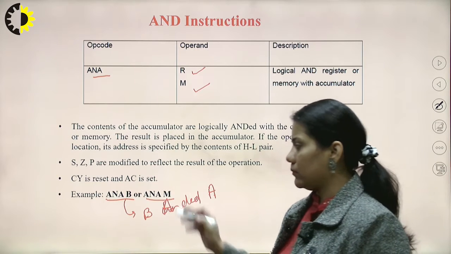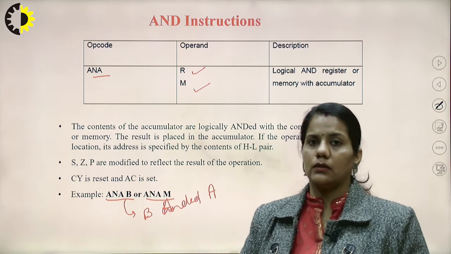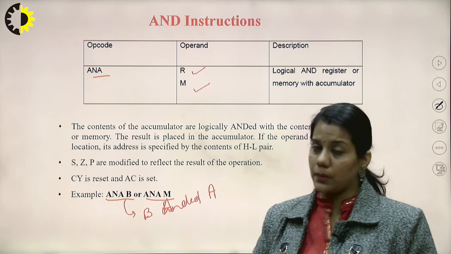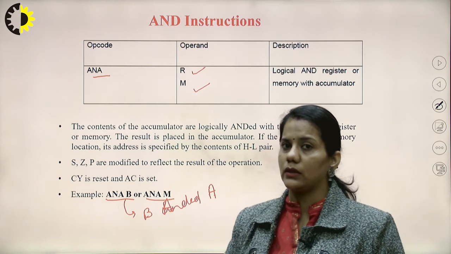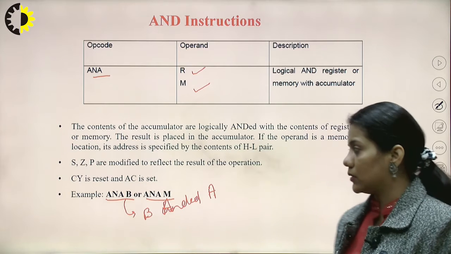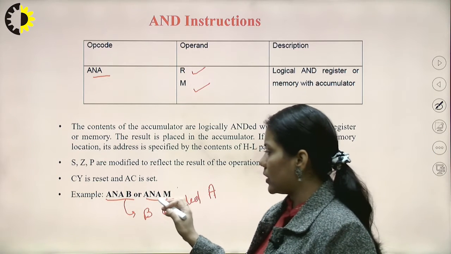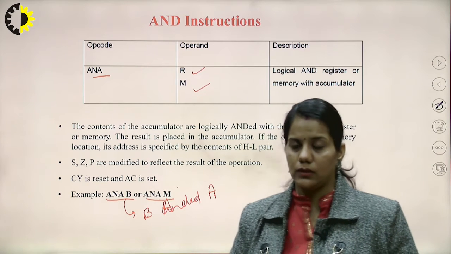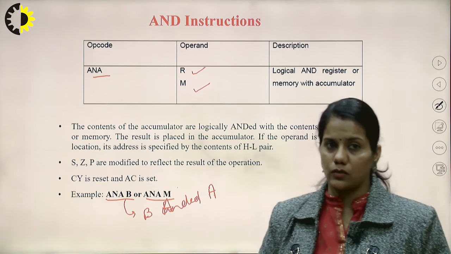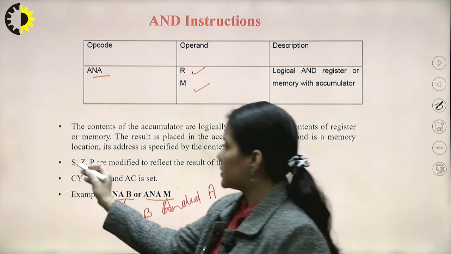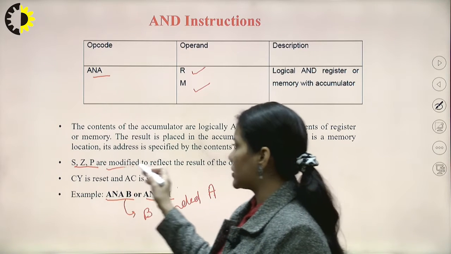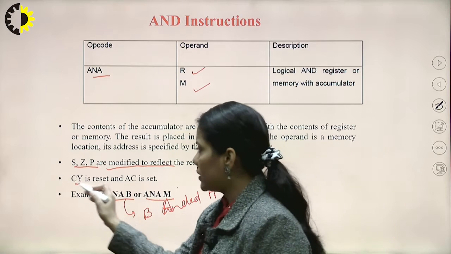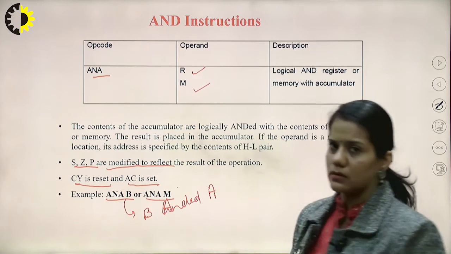Similarly, ANA M suggests that the memory location contents, which memory location? That is being pointed to by the contents of the HL register pair. So this memory content is logically ANDed with the contents of accumulator, and the result is stored in accumulator. Sign, zero and parity flags are modified. Carry is reset and auxiliary carry is set.